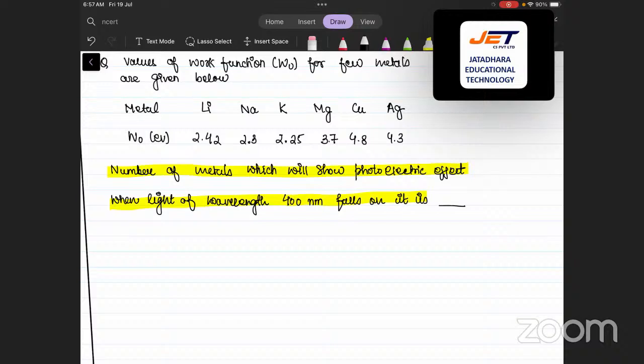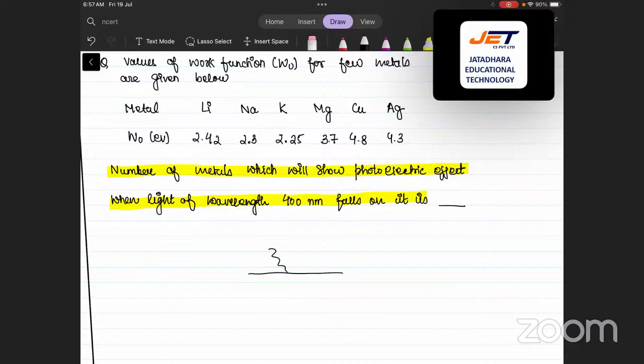Omkar is asking which formula to use to calculate this. What I said is that some minimum energy is required for the ejection of electrons from the metal surface, right?